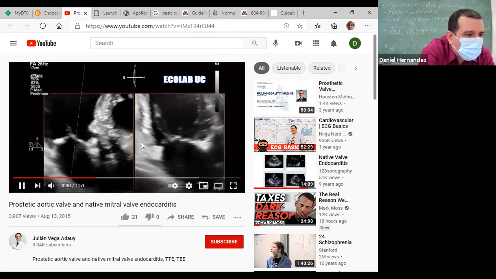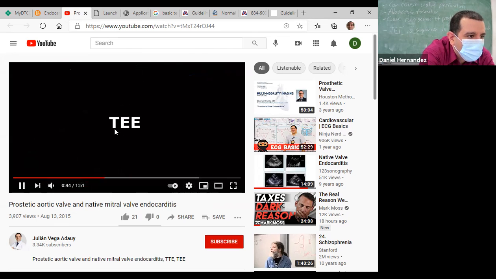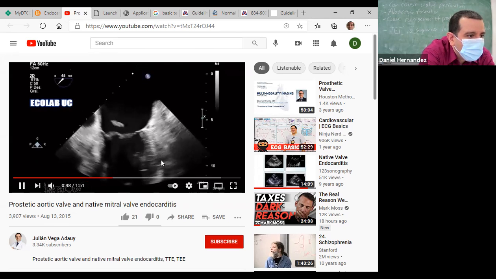And you can notice with the aortic valve, you get this shadowing on the annulus where the valve is sewn in. TEE. So you can see TEE is a much clearer picture.